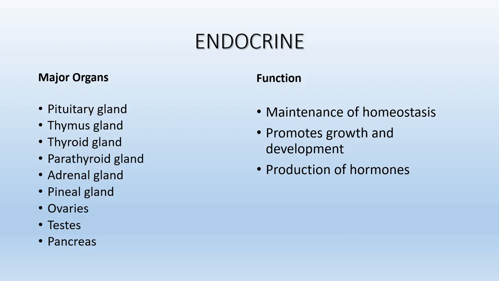It helps to promote growth and development, and it involves the production of hormones, and some hormones will actually stimulate other hormones. So it's kind of a cascade type effect. But the whole thing is to help keep this internal balance, an internal stable environment, if you will.